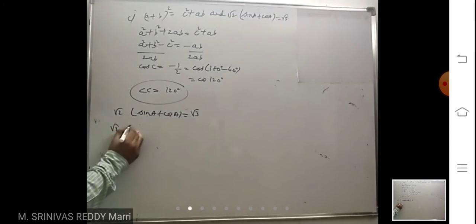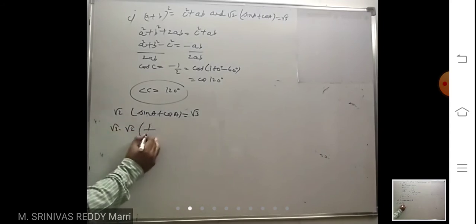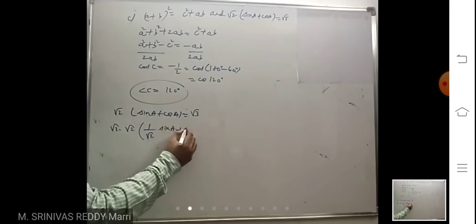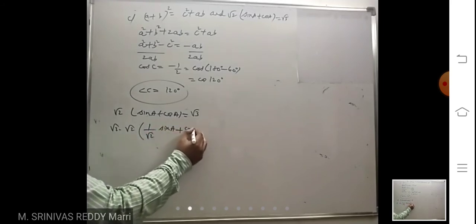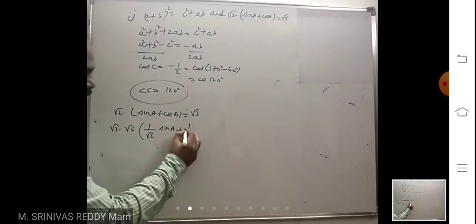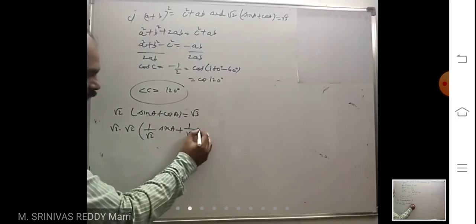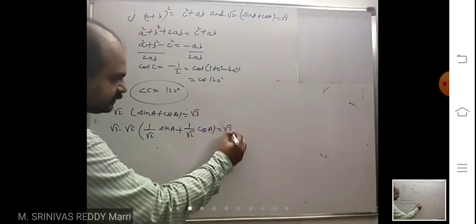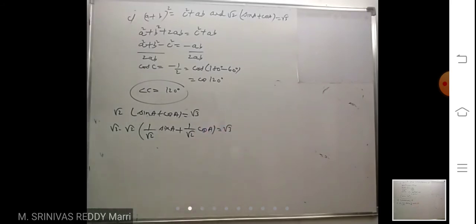I am multiplying and dividing by √2 again. Look here, 1 by √2 cos A. So this is √3.